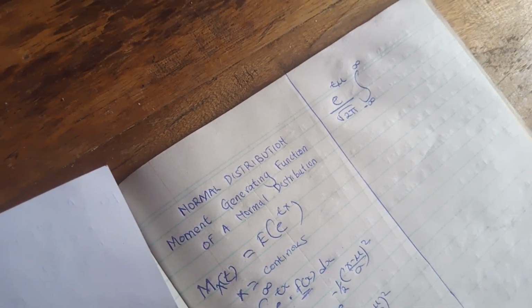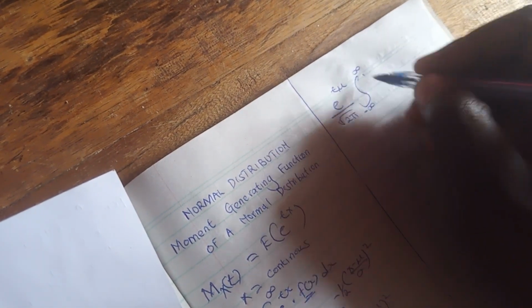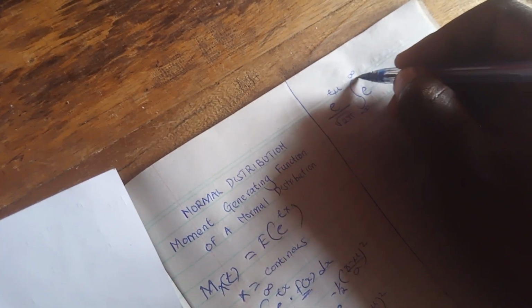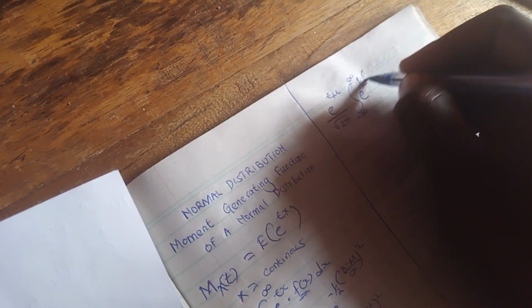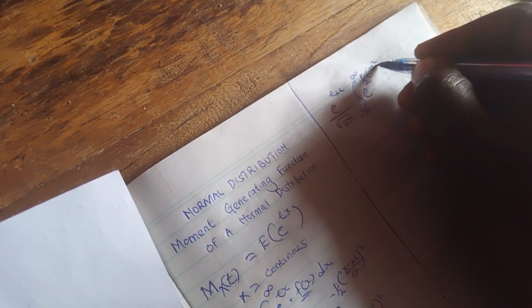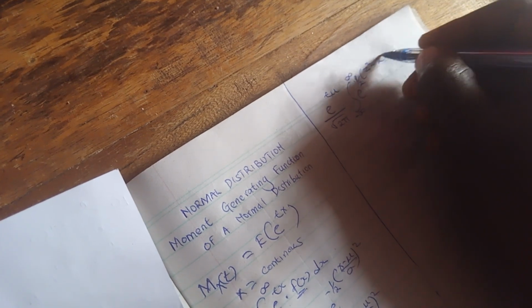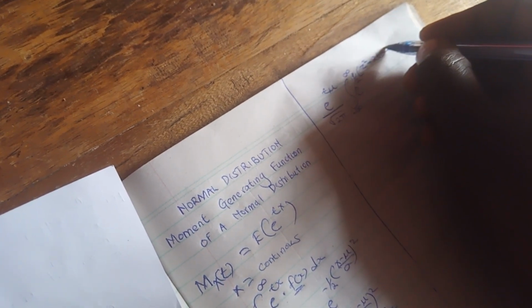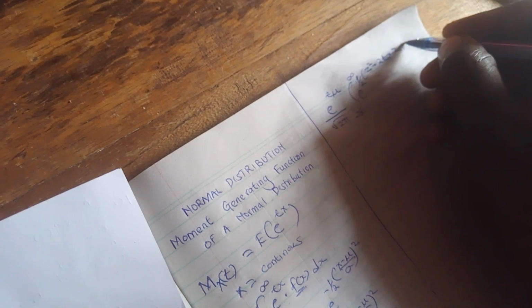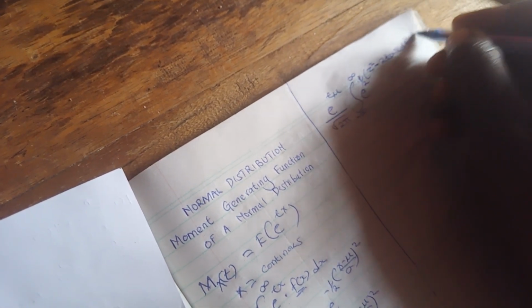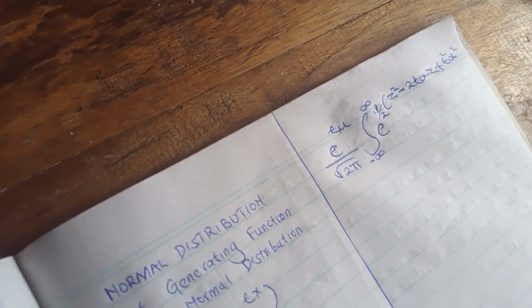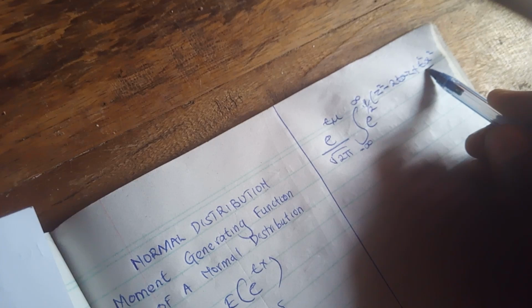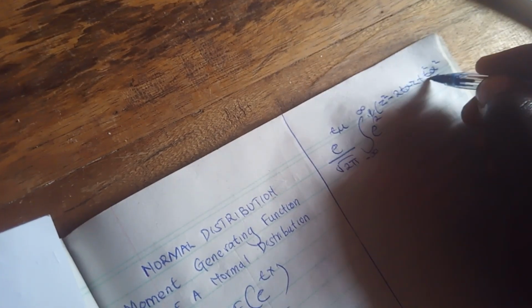Then this one is going to be the exponent half into z squared minus 2t sigma z plus t squared sigma squared, minus t squared sigma squared. But our interest is to look at this one over 2.